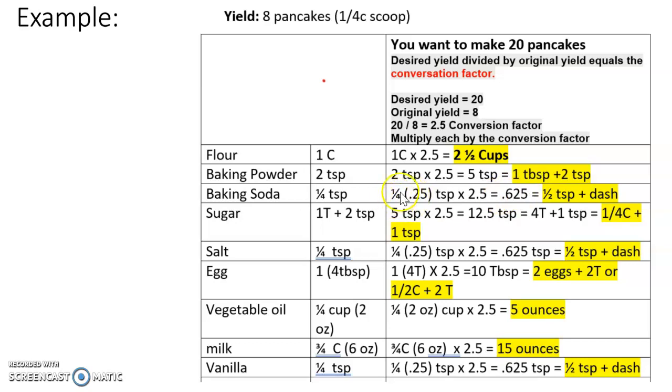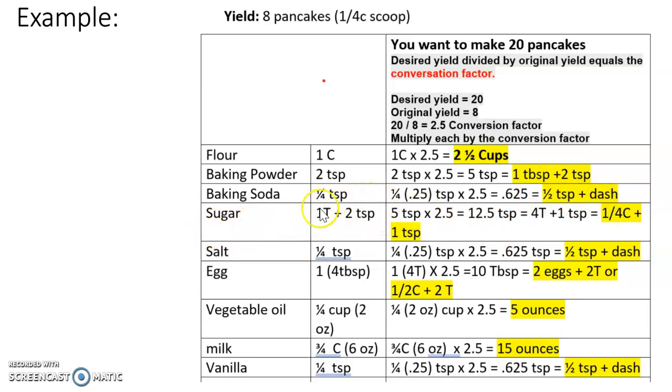Baking soda, 1/4 teaspoon, which is 0.25, times 2.5, and we get 0.625. So how do we convert that? Well, this is a little bit more than a half, right? We don't have an eighth, so we're going to say it's about a 1/2 teaspoon and a dash, essentially.